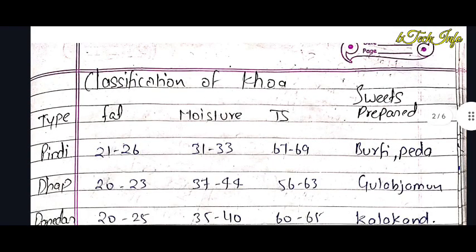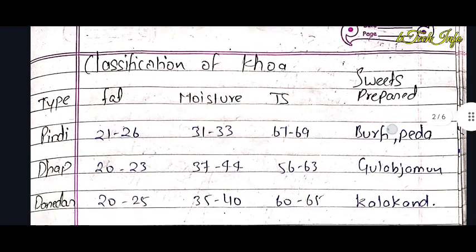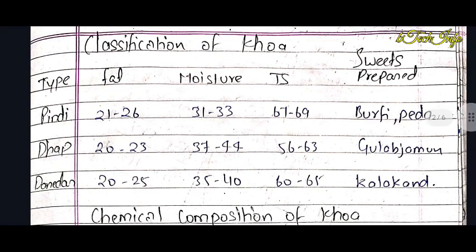Now we see the fat, moisture and total solids of these types of Khoa. First is Pindi. The fat content of Pindi type Khoa is 21 to 26%. Moisture should be 31 to 33%, and total solids should be 67 to 69%. Sweets prepared are barfi and peda.